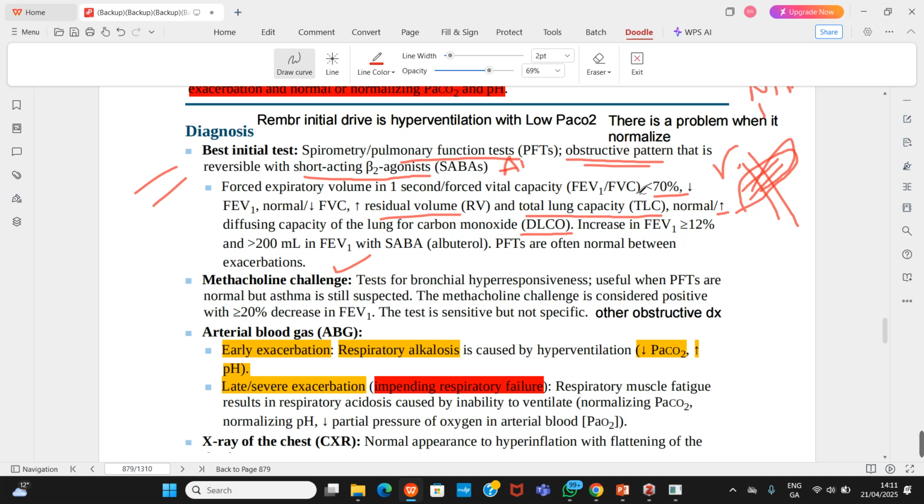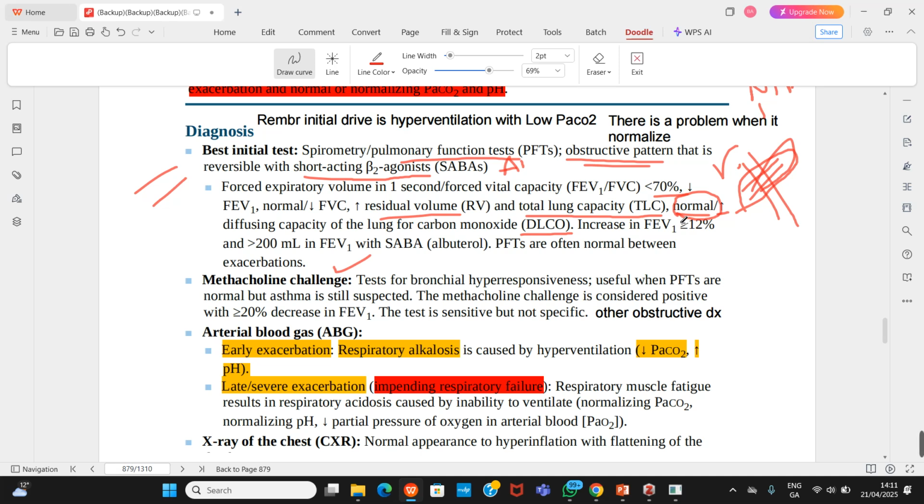So DLCO is high in asthma, but it can be normal. If we see both of them in the options, please pick high. It is much safer. Don't forget, this is a very good distinguishing feature of asthma from COPD, and we're going to talk about it shortly.